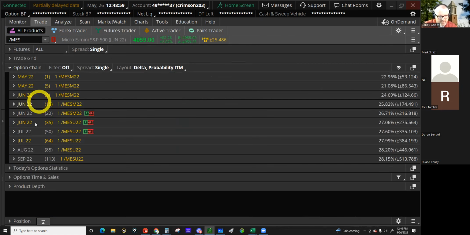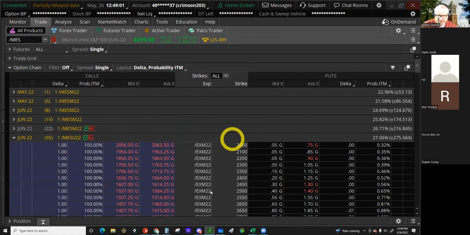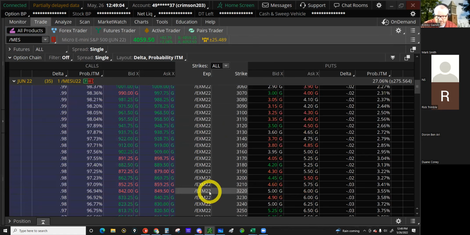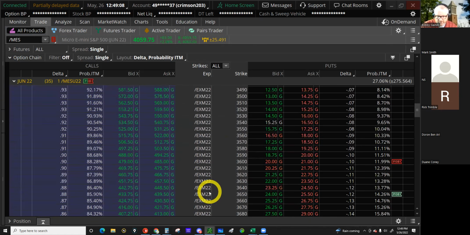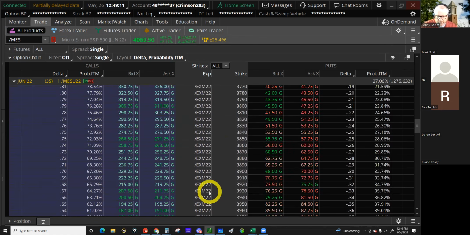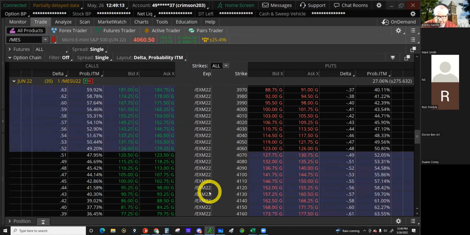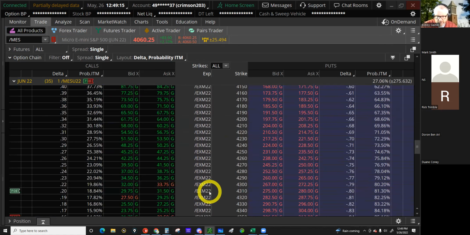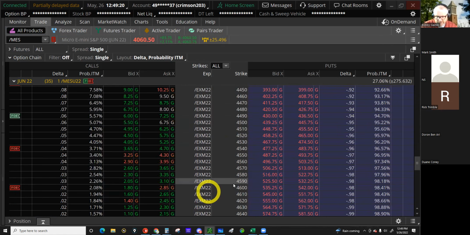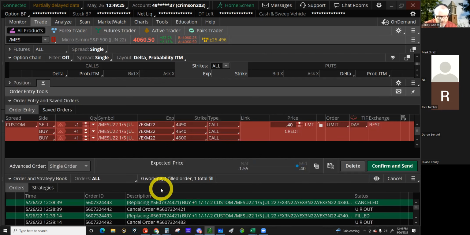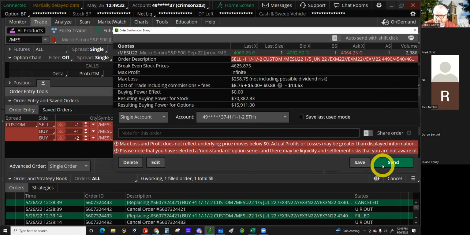Let's go find them, 2 of them. 4600, way up here. All right, there we are. So we'll buy 2 of those, at a $1.75 debit. Hopefully we can get out for $1.75 debit.